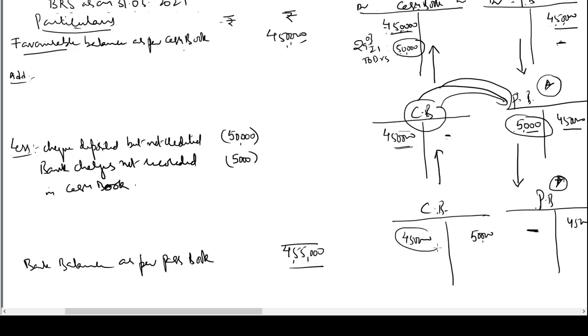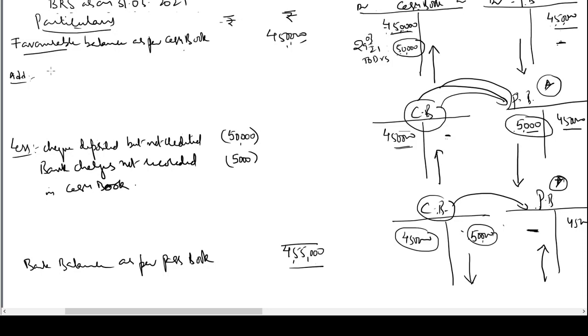We started with the debit balance. There is a credit entry in the cash book, so the balance is bound to reduce. Relatively, the passbook balance is higher because there is no withdrawal recorded. Now, the question is, what should I do to the cash book so that it becomes equal to the passbook? The answer is, we have to increase the balance of the cash book by 50,000 rupees so that it becomes equal to the passbook.